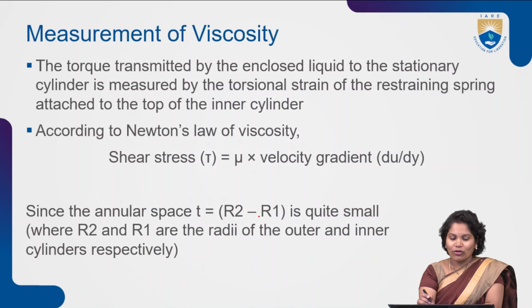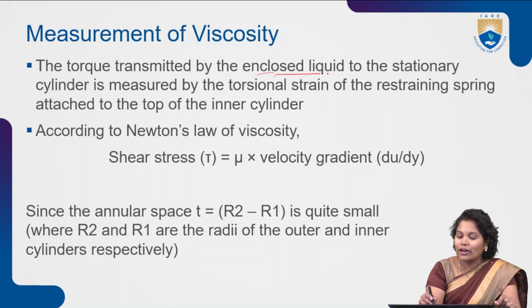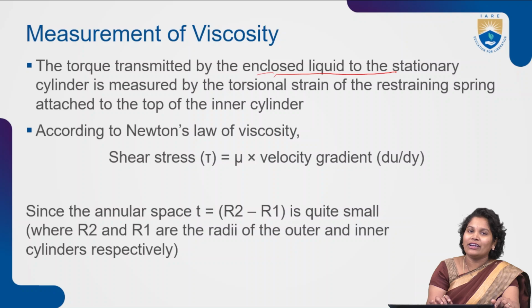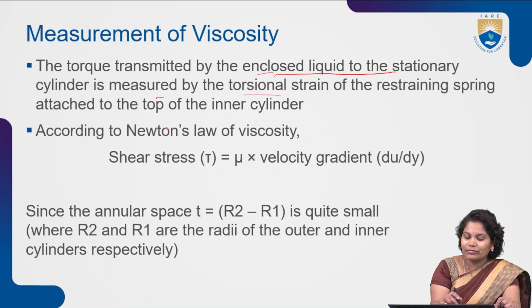The torque is transmitted by the enclosed liquid to the stationary cylinder. Whatever torque is generated in the fluid makes the stationary cylinder rotate, which is restrained by the spring attached to the top of the inner cylinder.